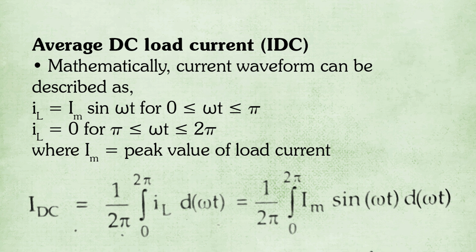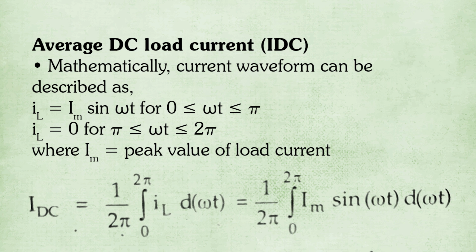Mathematically, the current waveform can be described as IL equal to Im sin omega t for the duration 0 to pi. That means, as we have seen in the waveforms, for the duration 0 to pi we are getting output for the load current. So, the current will be defined for that duration only, that is for 0 to pi.